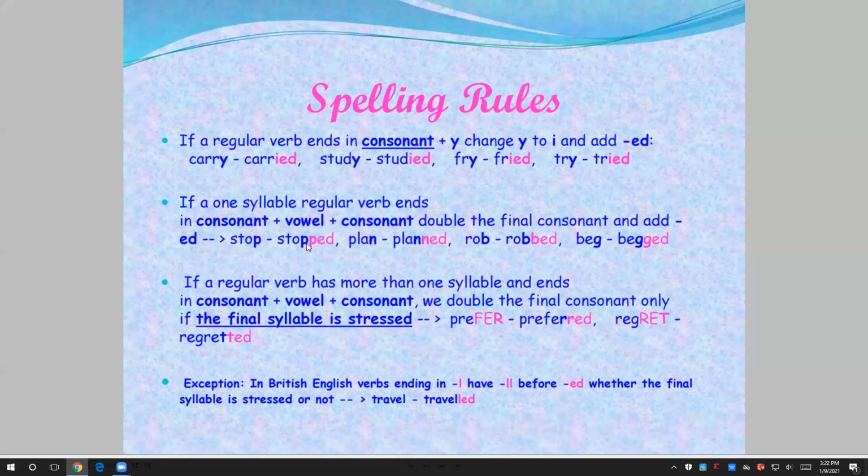Stop is stopped. We have doubled the p sound here. Plan, planned, we doubled the n. Rob, robbed, bag, bagged. We doubled the final consonant in order to make the past tense.